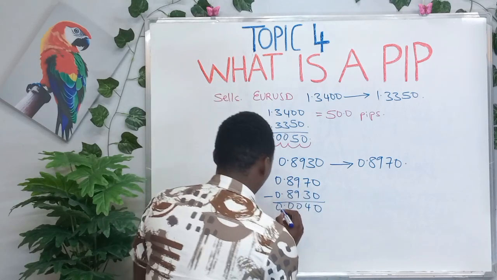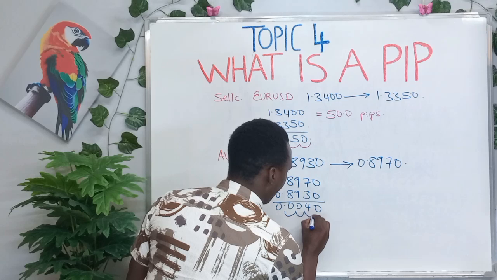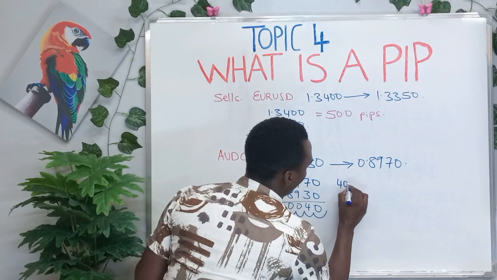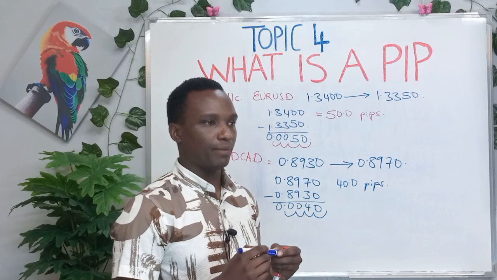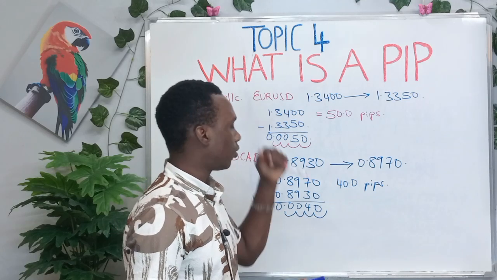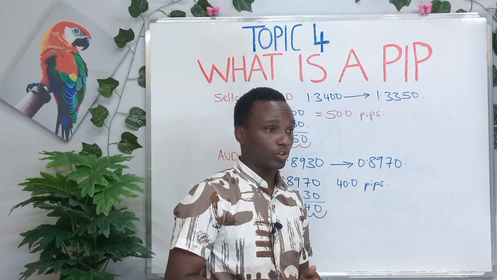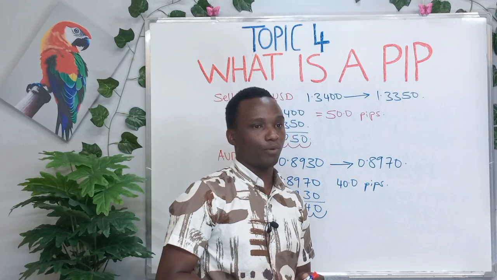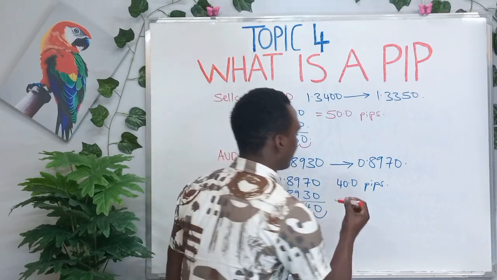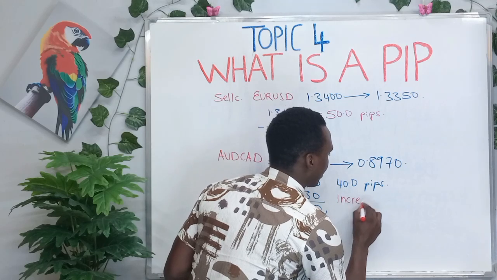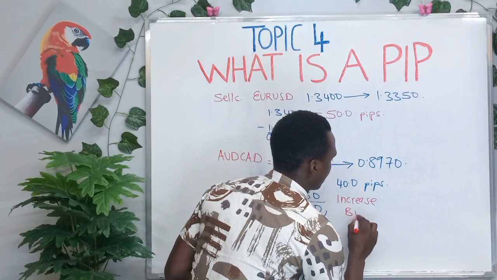So it will be 1, 2, 3, 4. So it is 40.0 pips, which is 40 pips. You see how easy it is to calculate the percentage in points. So this is an increase, meaning that they are buys.